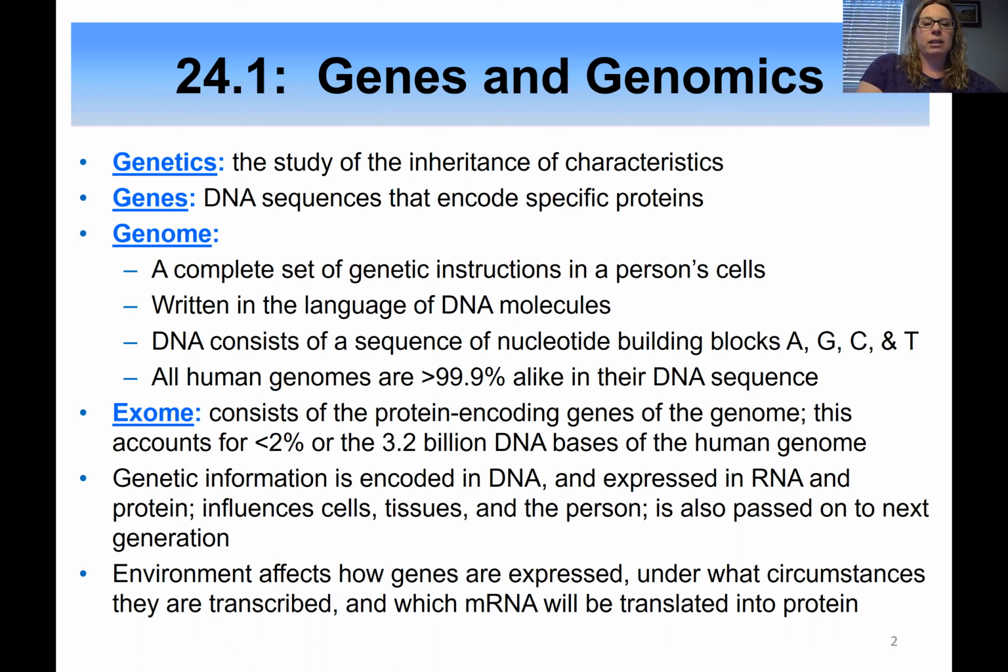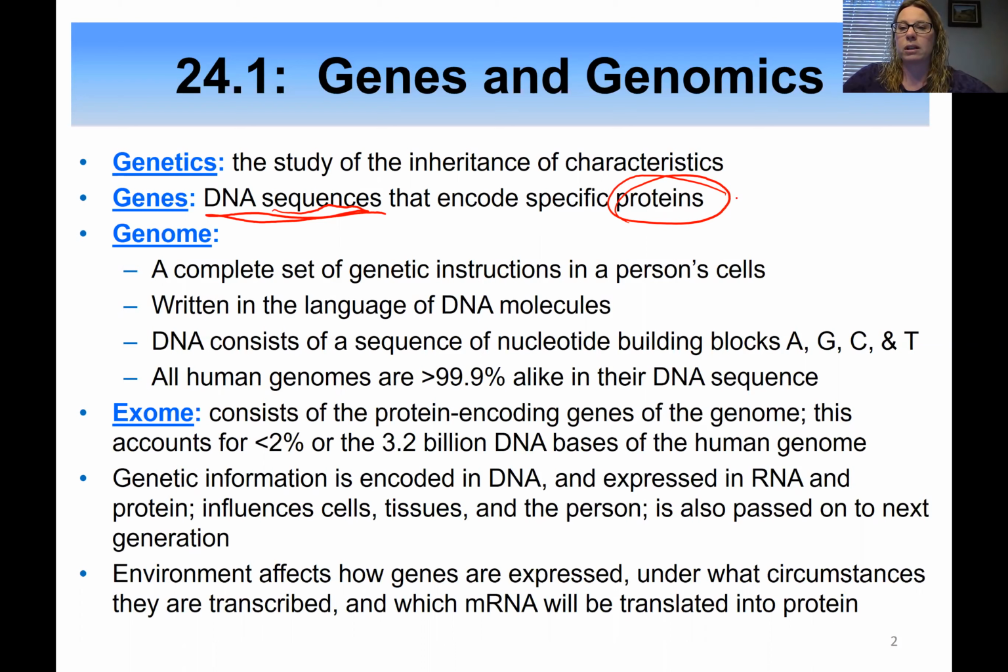Genes are DNA sequences, so sequences of DNA that encode for proteins, okay? I want you guys to get big picture information right here. The purpose of genes, the purpose of your DNA, is to produce proteins.